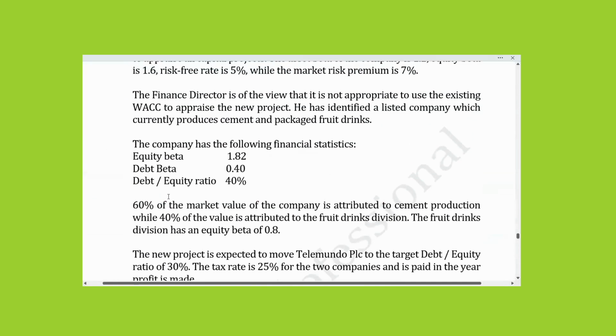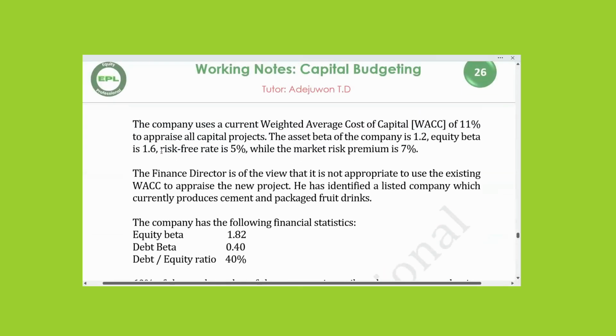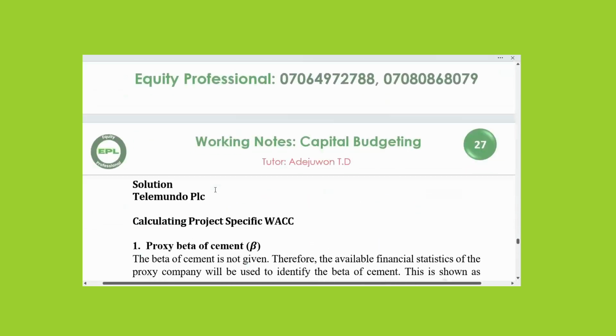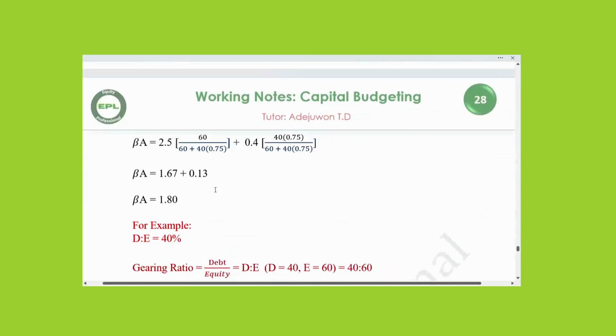According to the question, when you look at this paragraph, you are told that the asset beta of the company is 1.2. Equity beta is 1.6. The risk-free rate is 5%, while the market risk premium is 7. So risk-free rate of return is 5%.